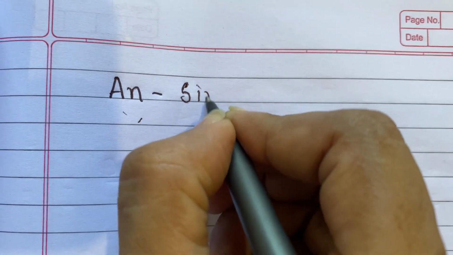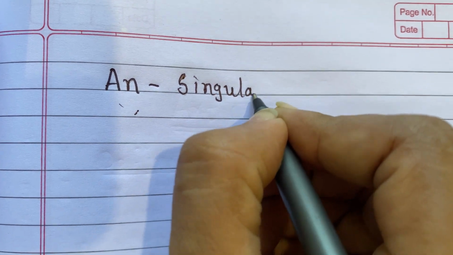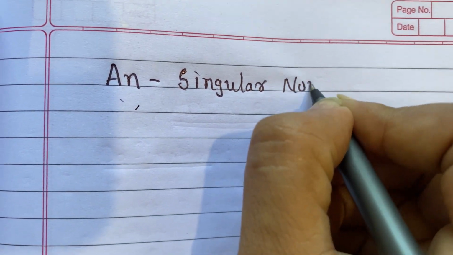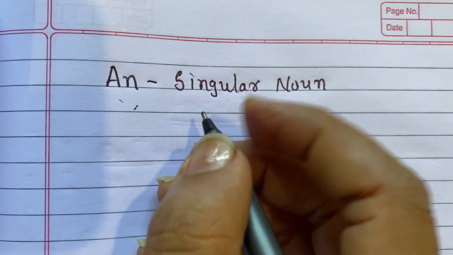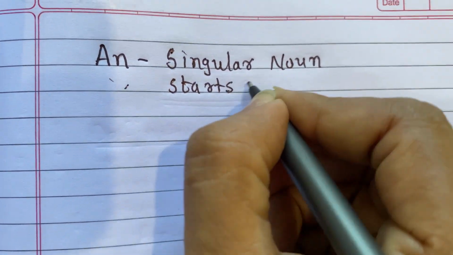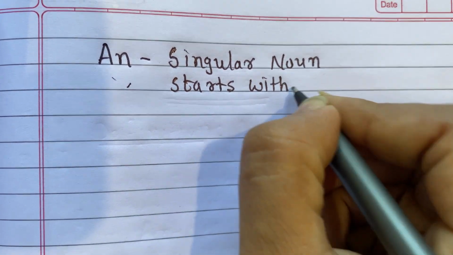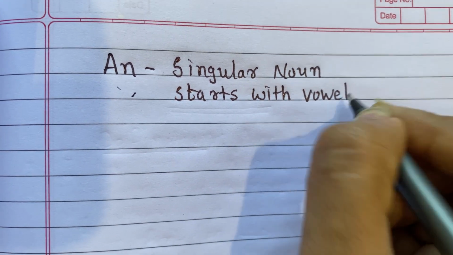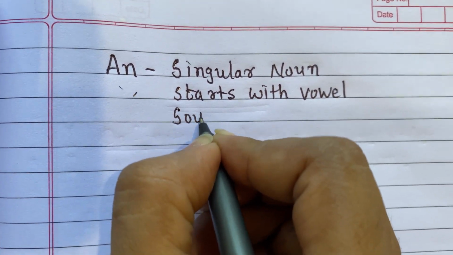Then an. A and an. An is used for a singular noun that starts with a vowel sound.